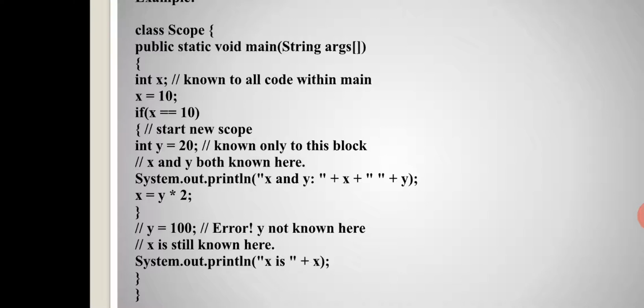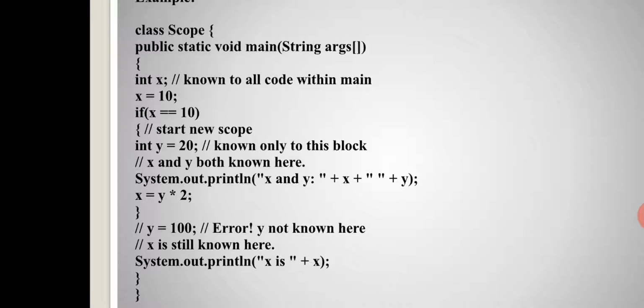Now outside the curly braces you are trying to assign y equal to 100. It is not possible. You will get an error like y is undefined. Why? Because the scope of y is only within the if conditional block. Outside the block y is undefined, so that is the reason why you may get an error.